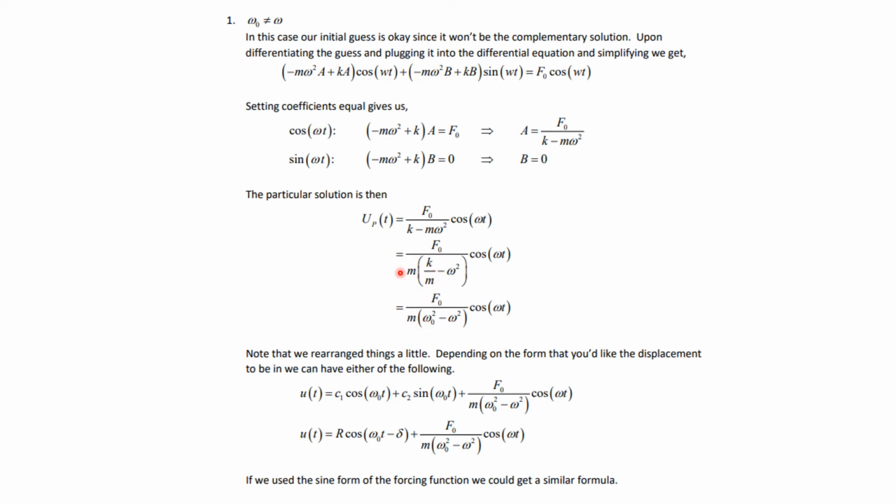Then we have our complementary solution, which we often write as r cosine of omega 0 t minus delta, where delta is a phase angle. So we can write the solution this way, and it would have worked similarly if we had a sine function to start out with. So we worked through the case where omega does not equal omega 0.